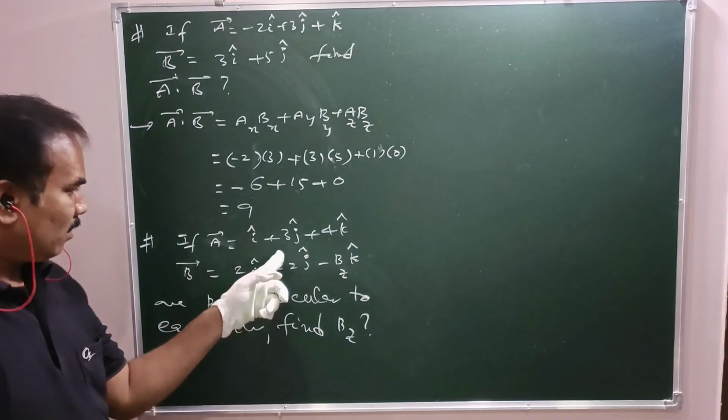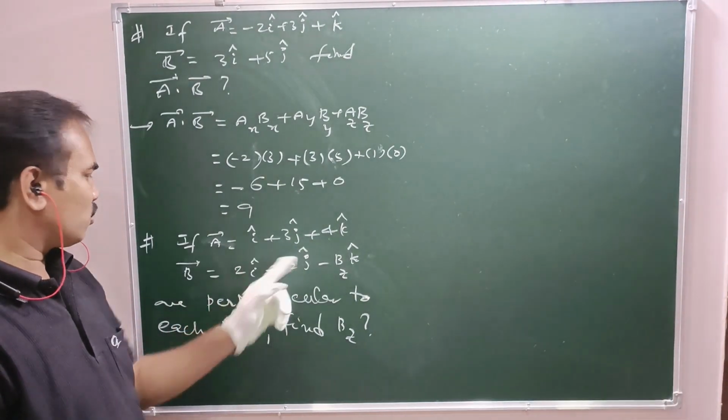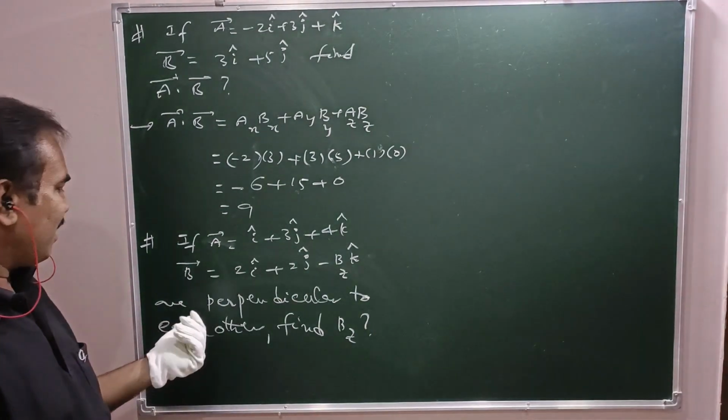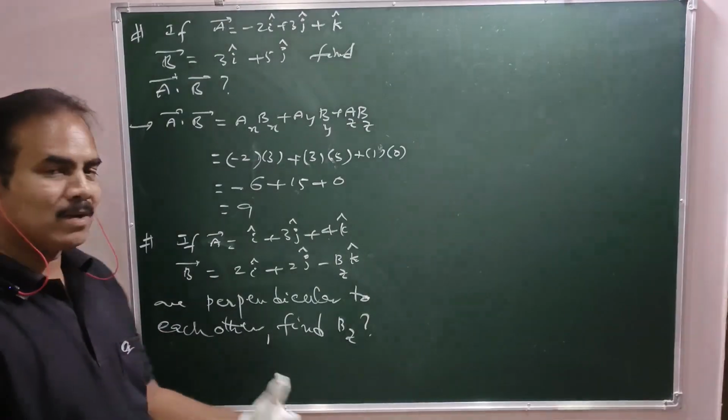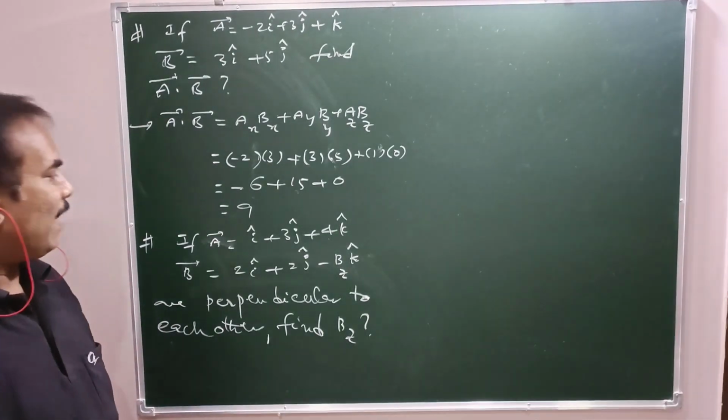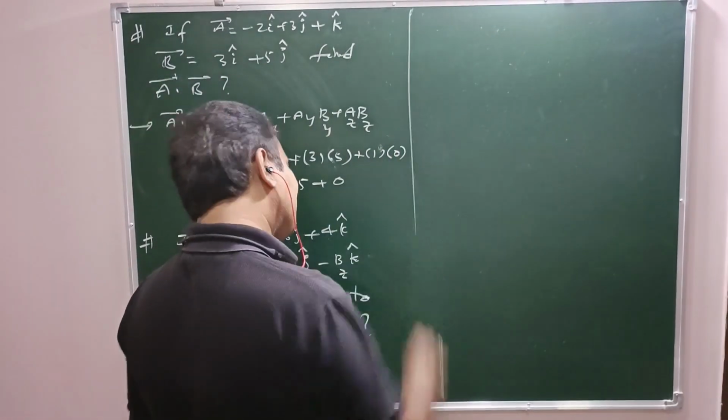See, you are given two vectors, a bar is so and so, b bar is so and so. What is the data here? a bar and b bar are mutually perpendicular to each other. Find bz. How to find bz?